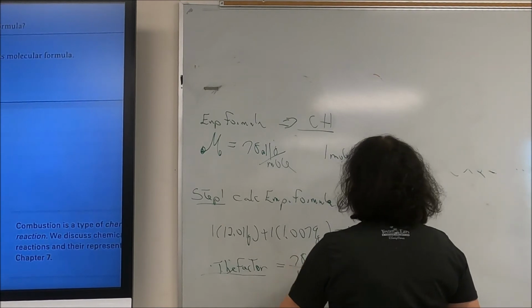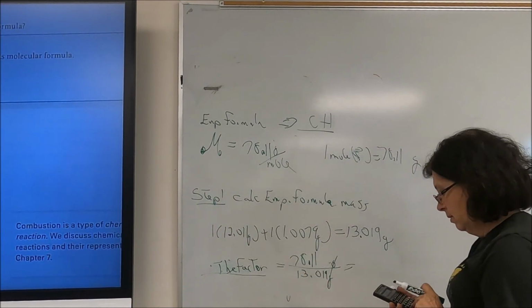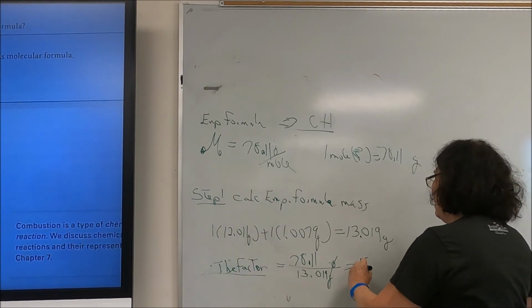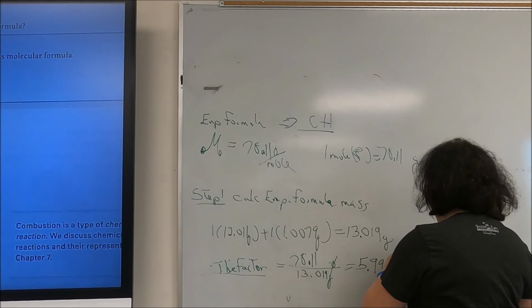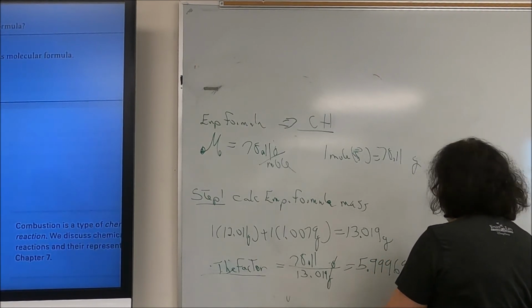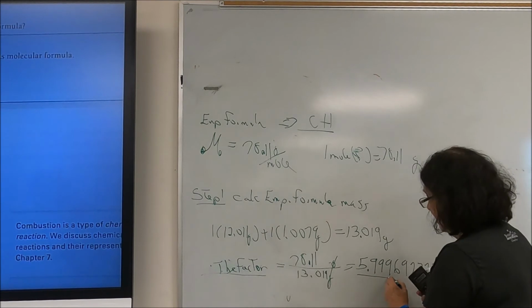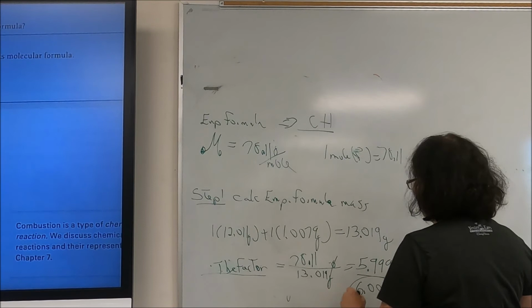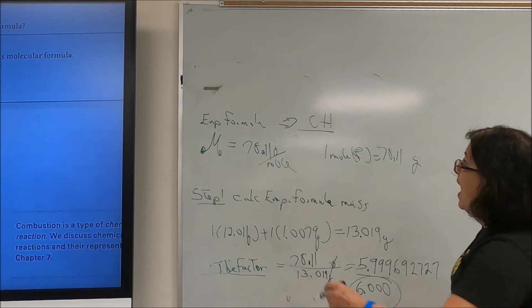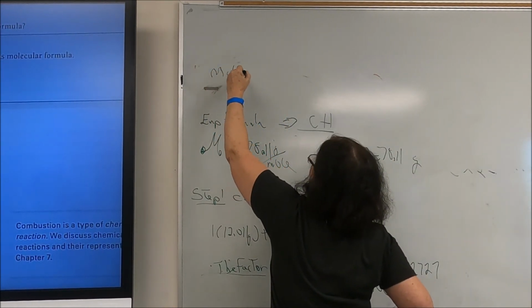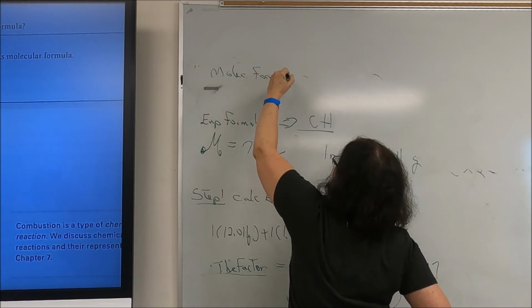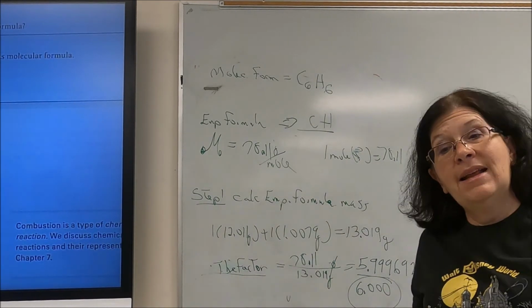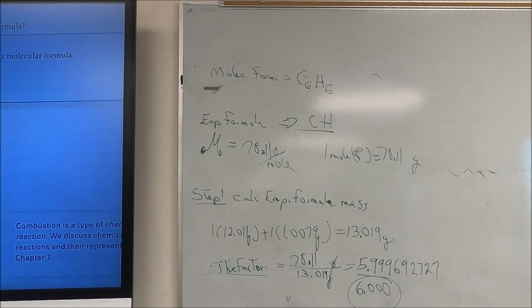So 78.11 divided by 13.019, I get 5.999692727 on my calculator. Now, if I round this to 4 significant figures, I get 6.000. That's the factor. So our molecular formula is C6H6. It's a compound commonly called benzene.